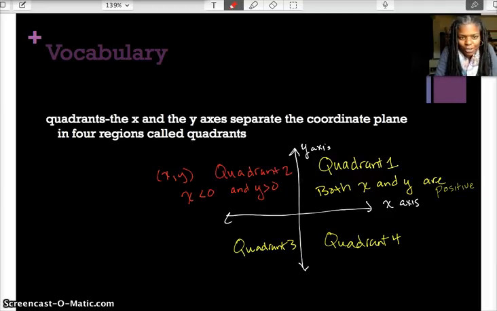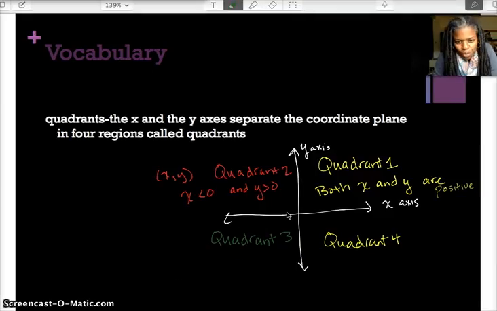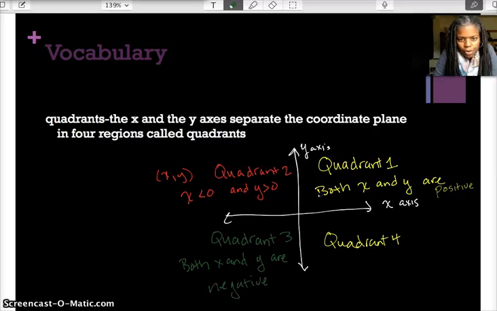All right, let's take a look at the third quadrant. As I analyze the third quadrant, I recognize that the x values are negative and the y values are also negative. So I'd say that both x and y are negative. Which finally brings us to the fourth quadrant, pardon me. We need to figure out what qualities are here in the fourth quadrant.